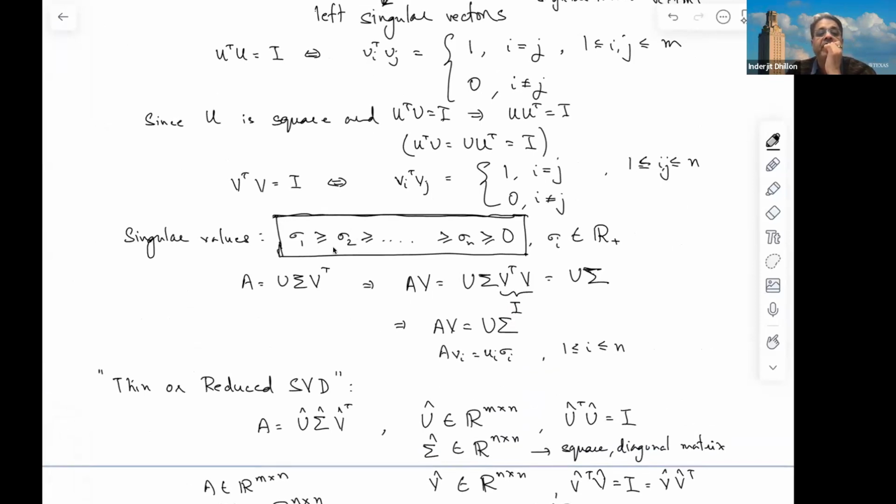That sigma 1 is greater than or equal to sigma 2 is greater than or equal to sigma n. So they are in decreasing order. So does that answer your question, Ritesh? I guess you said you can't speak, but I'm hoping you can say yes.